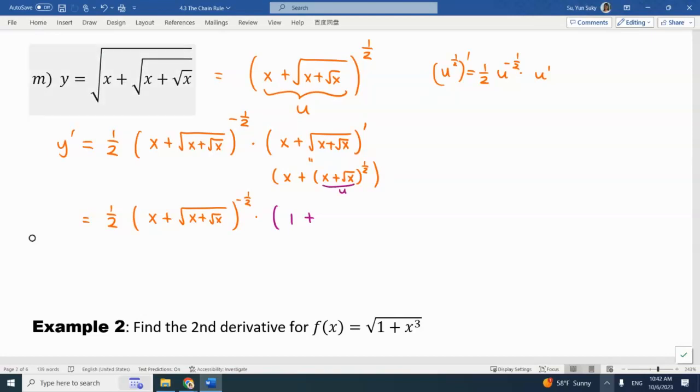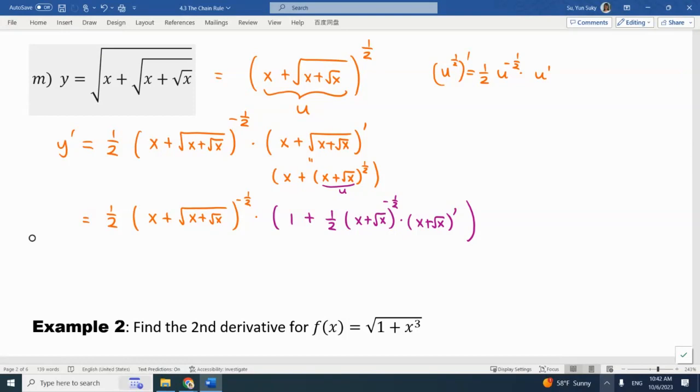So what's the derivative? 1/2 x plus square root of x to the negative 1/2, and then x plus square root of x plus square root of x, and then prime.